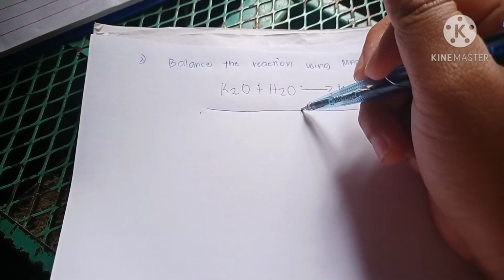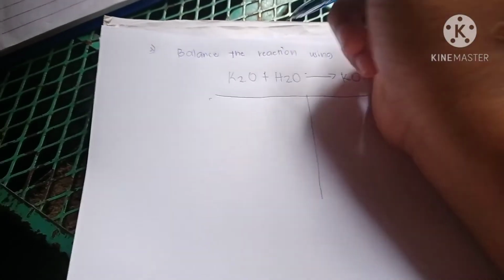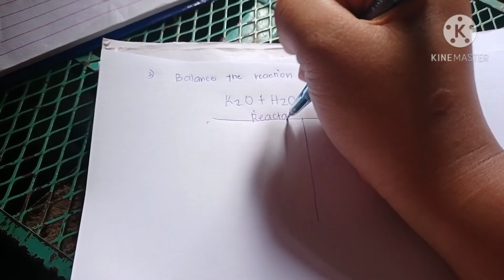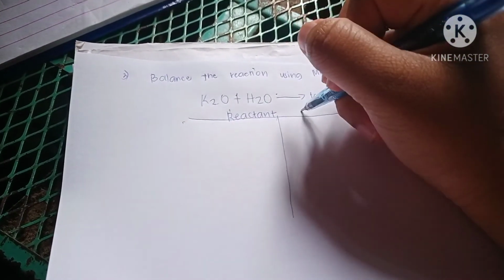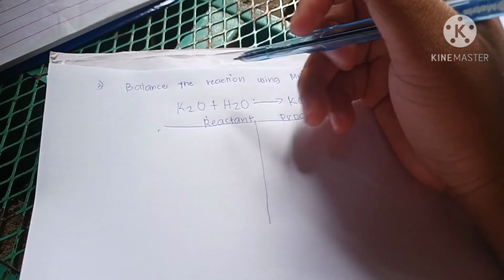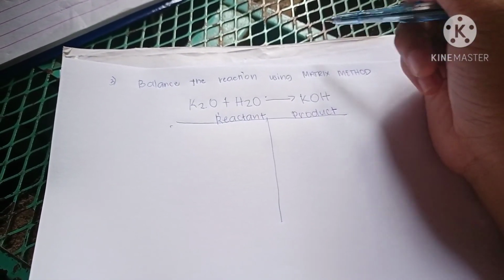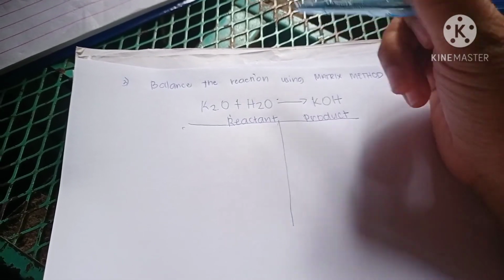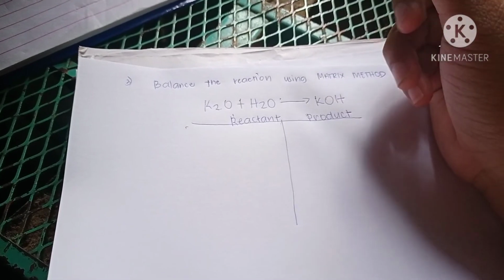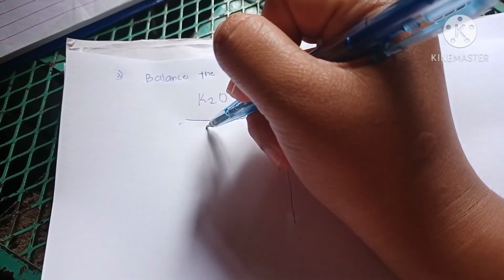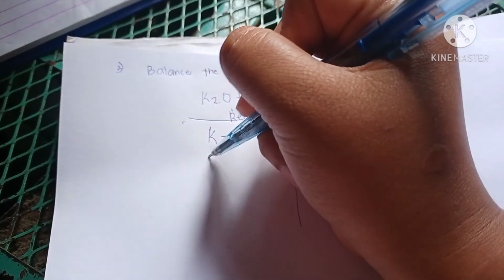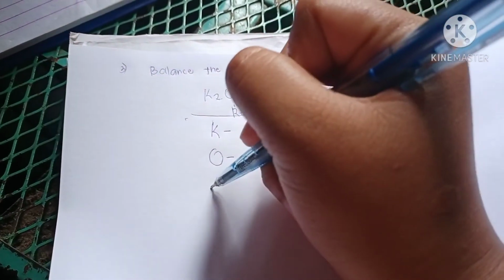Kasagaran T man na. So here kaning side is our reactant and diri nga side is the product. So, after nga mag-draw tag table, we need to have the elements nga naa sa ani nga compound. So, first, we have K, which is potassium. We have also oxygen. We also have hydrogen.